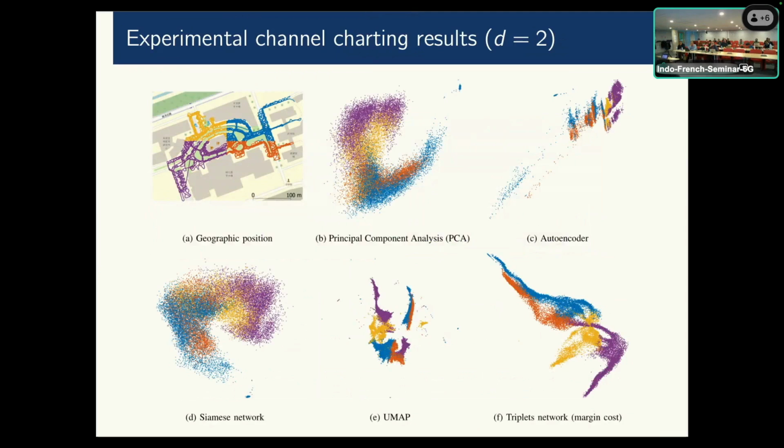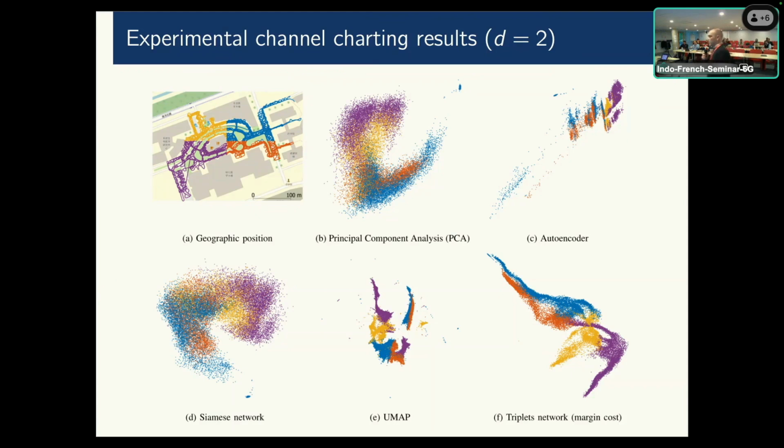It's a linear approach. This is the channel chart that we obtained with PCA. That's the autoencoder and the Siamese networks that I have also shown. UMAP is a more advanced algorithm, and the last one is the triplet networks that actually rely on the distance learning approach that I presented.